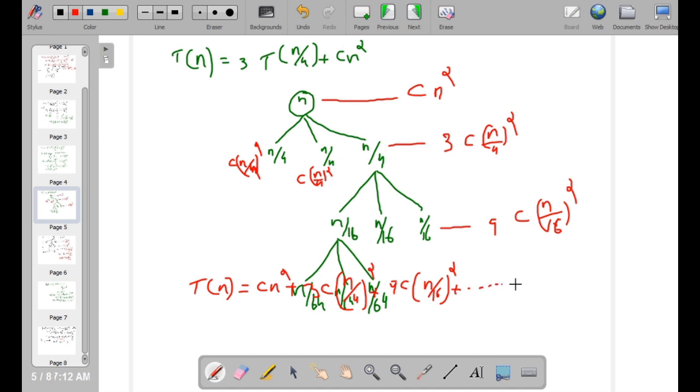What is the cost at the last level? It is c into 3 raised to log n to the base 4. Okay, and this cn square is the biggest term. It is contributing more, so we can write the complexity is big O n square.